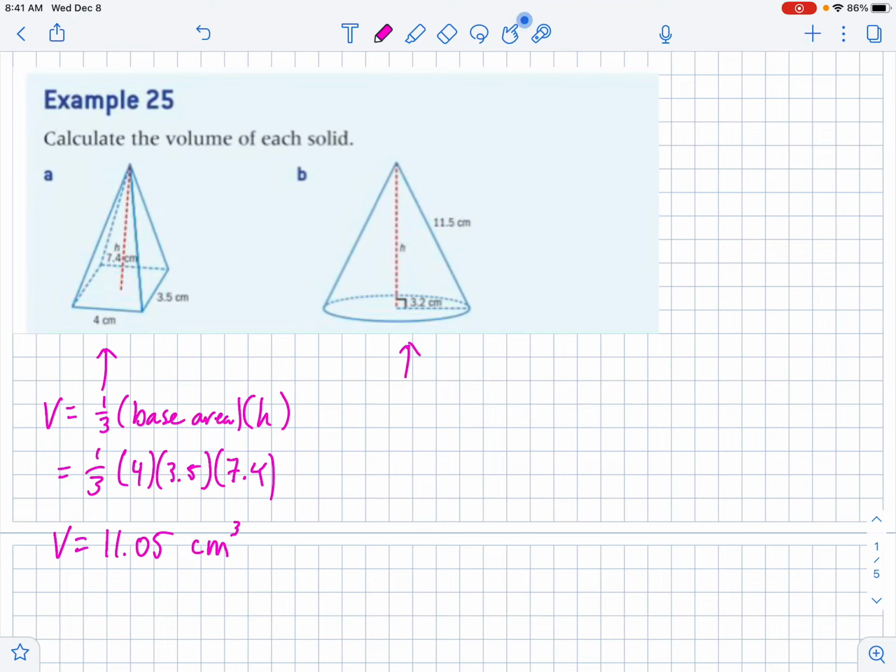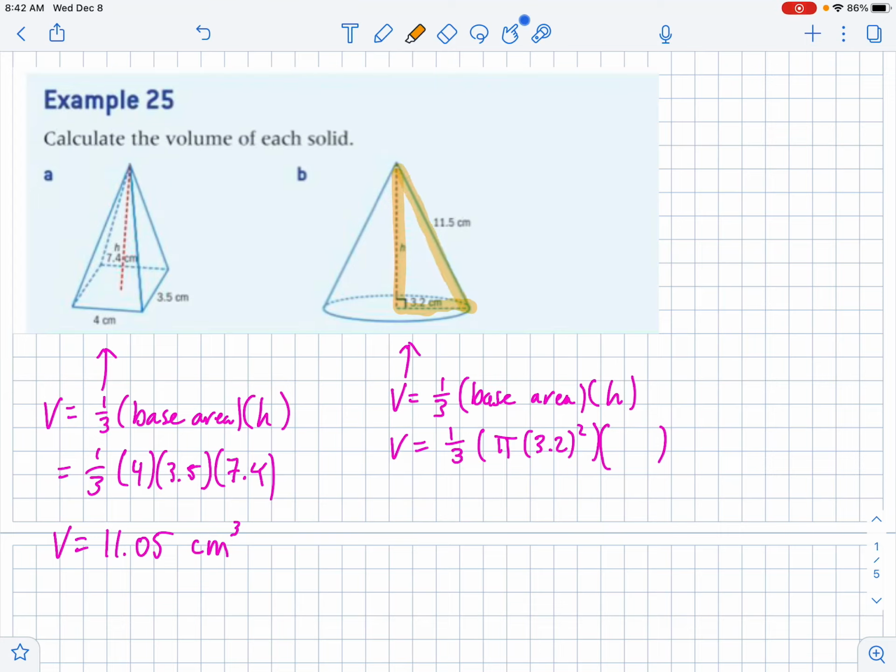Now, with this guy, I hesitate to even say it's a different formula because it's still just the way I think of it, 1/3 the base area times height. It's just that the base area is a circle. So when you do the volume, you get 1/3 pi r squared times the height. We don't know the height, so we have to do a little sidebar here.